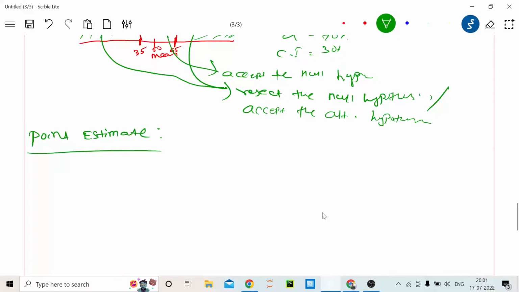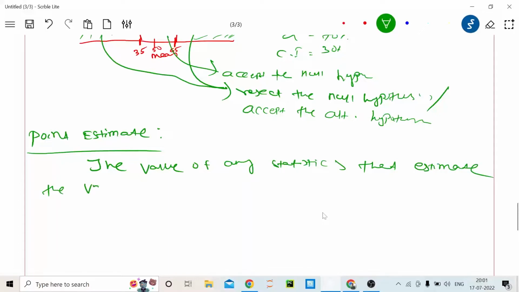Point estimate is nothing but, I can tell you the definition: the value of any statistic that estimates the value of a parameter is called a point estimate. That is nothing but what is called the point estimator.